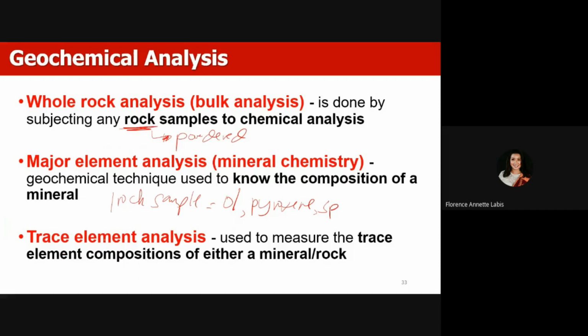From the word trace element, you measure the trace element compositions of either the mineral or a rock. You can measure the trace elements in the rock itself, in the powdered rock, or in an individual mineral in the rock.